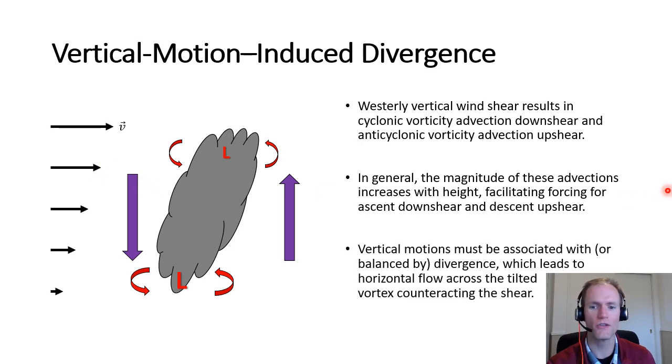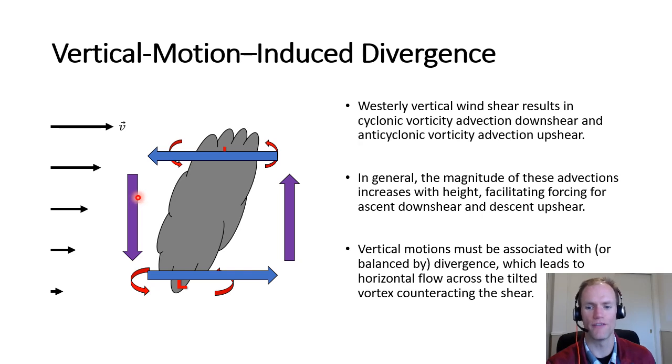And so we can add in those lines here in blue to show that flow must diverge out of the region of descent at low levels and converge into the region of ascent at low levels, and it diverges from the region of ascent and converges into the region of descent at upper levels here.